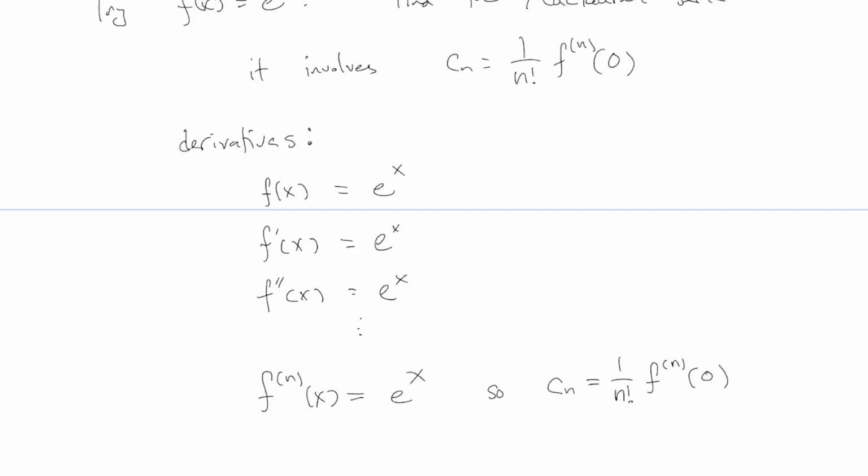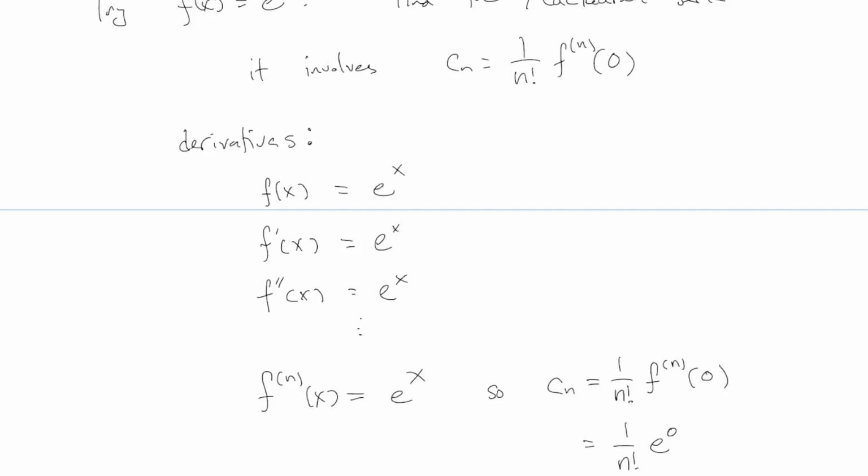We just determined f, the nth derivative of x, is e to the x. So when I plug in 0 for the nth derivative, it shall be e to the 0, right? That's what that is when I plug it in. So I get 1 over n factorial times e to the 0, because the nth derivative is e to the x, and when I plug in 0, it's going to be e to the 0.